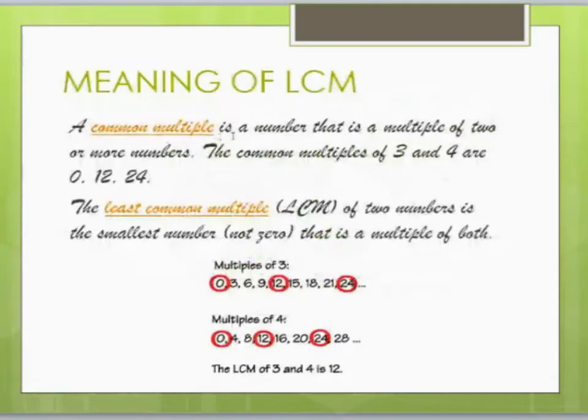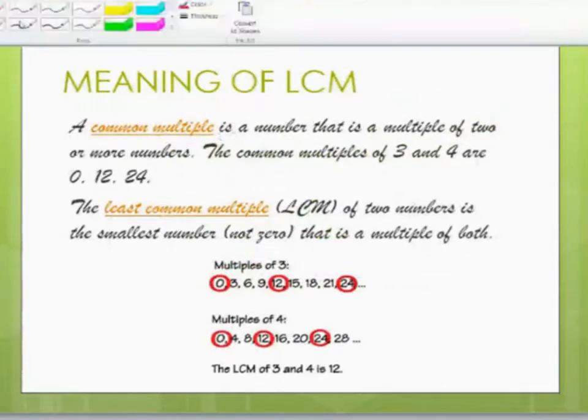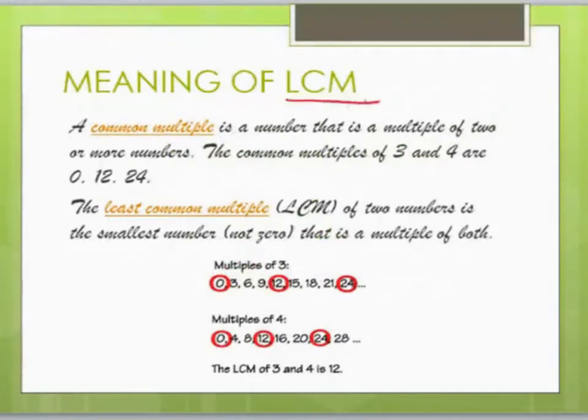Coming on to the meaning of LCM. What does LCM mean? First of all, a common multiple is a number that is a multiple of two or more numbers at the same time. The common multiples of 3 and 4 are 0, 12, 24. This means that these numbers 0, 12 and 24 are in the table of 3 as well as 4.